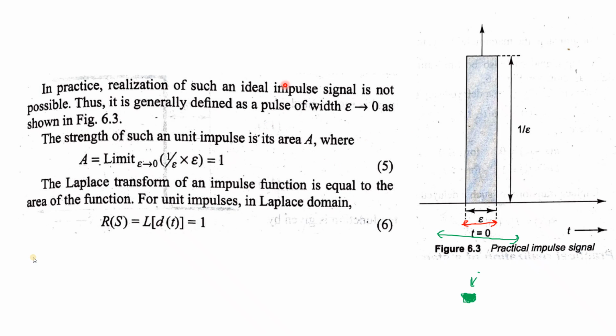That is why in representation we write like this, that ideally it is not possible to mention that the impulse signal is there at time 0, its magnitude is 1 or positive, otherwise it is 0. That is why we represent it this way and write epsilon is the width, not duration, and it tends to 0.